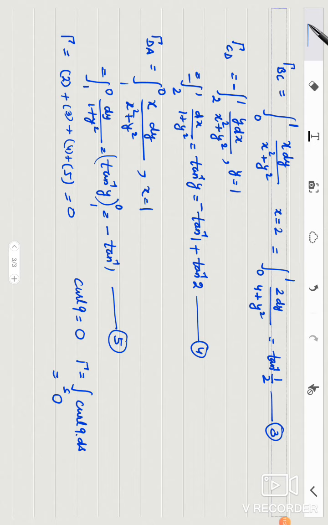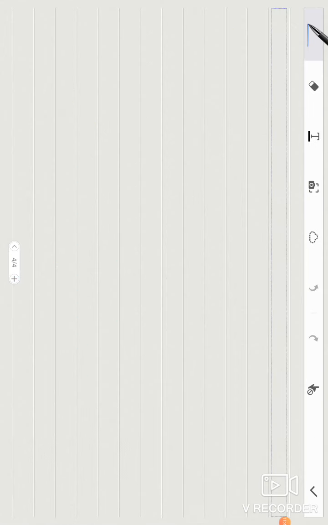Now we come to the second part of this question, which asks what will be the circulation, that means what will be gamma around a circle. So I am writing in words what the question is. Now part B is: calculate the circulation around a unit sphere.